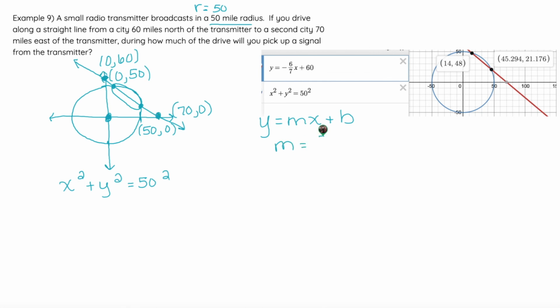I'd be falling 60 units and running 70 units, which reduces to negative 6/7. I also know that our b value is positive 60 because that's our y-intercept. So the equation for this graph is y equals negative 6/7 x plus 60.